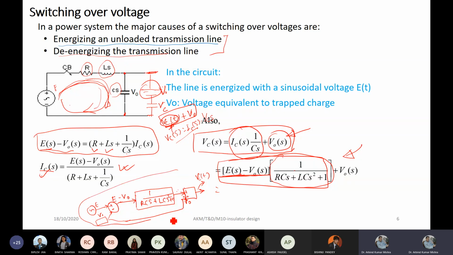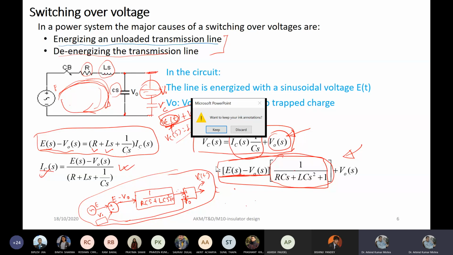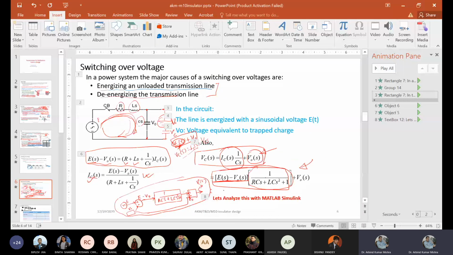So I have realized this in MATLAB Simulink, and I just want to recall that and show you also. Let's have a look at this. Yes, this is the circuit I have already plotted in MATLAB.